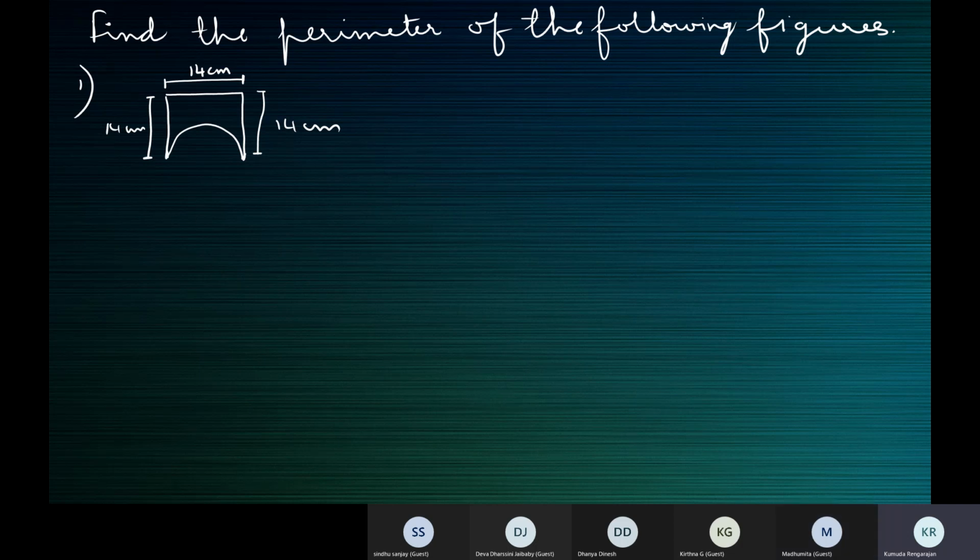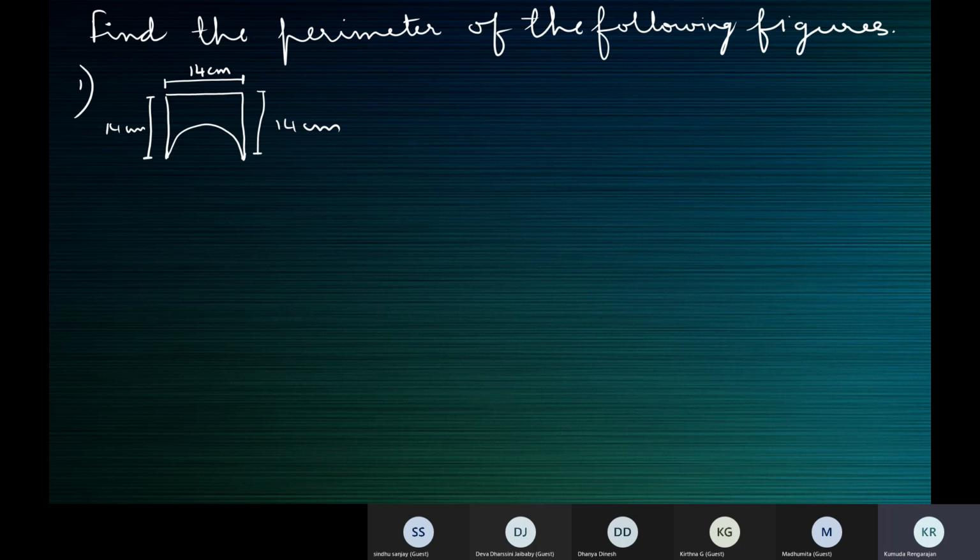Kirtana, how do you find the length of the semicircle? Pi r plus 2r? No, Kirtana, it's not a ready-made formula. You see the situation here.